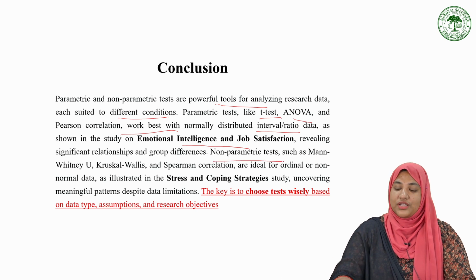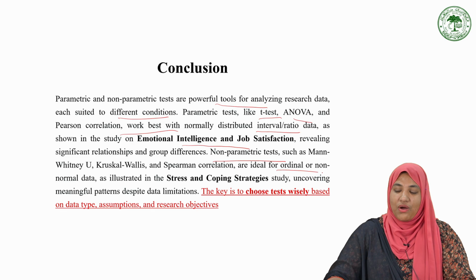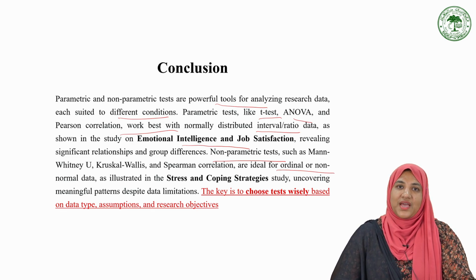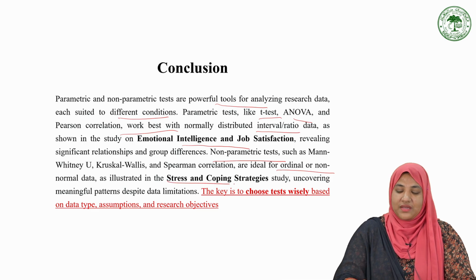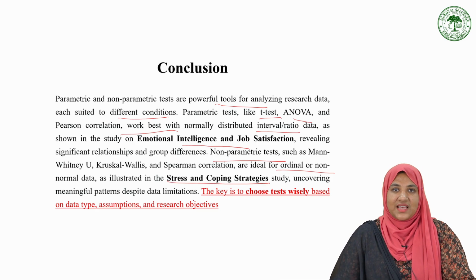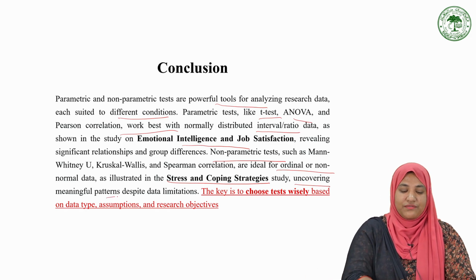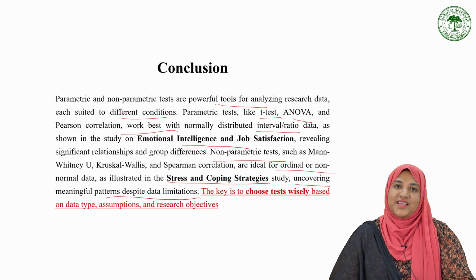When we move on to non-parametric tests such as the Mann-Whitney U test, the Kruskal-Wallis test and Spearman's correlation test, those are ideal for ordinal or non-normal data. We also discussed this in the research title on stress and coping strategies, and we found that they uncover meaningful patterns despite the data limitation.